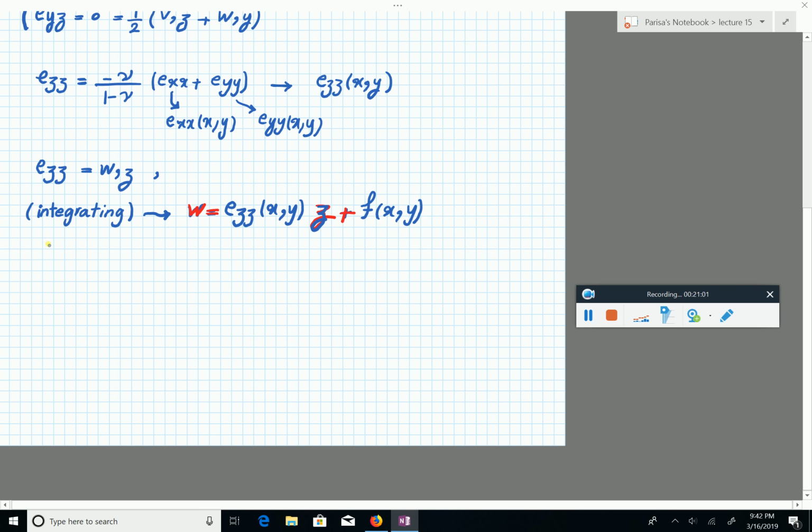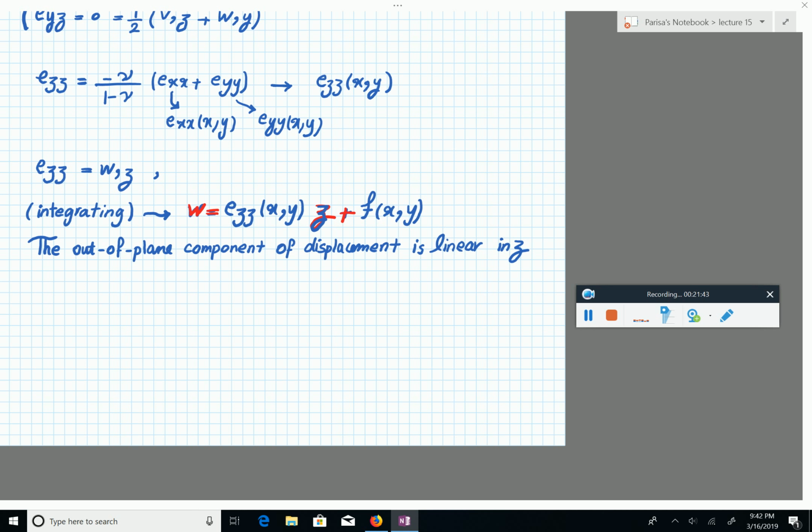I write this down here: the out of plane component of displacement is linear in z, which means that it's not independent of z, but we know that it is linear.